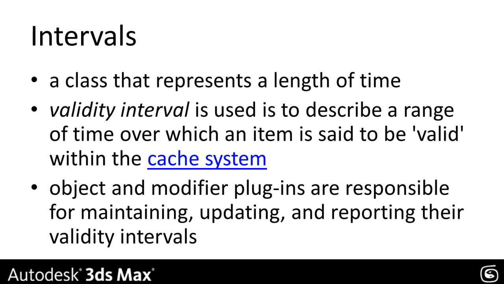So that's where the object and modifier plugins are responsible for maintaining, updating, and reporting their validity intervals. So these intervals are then handed over to the cache system, and things like animation then are updated to handle the actual cache system updates of the things, only the things that really need to be updated. So it's an efficiency performance thing.